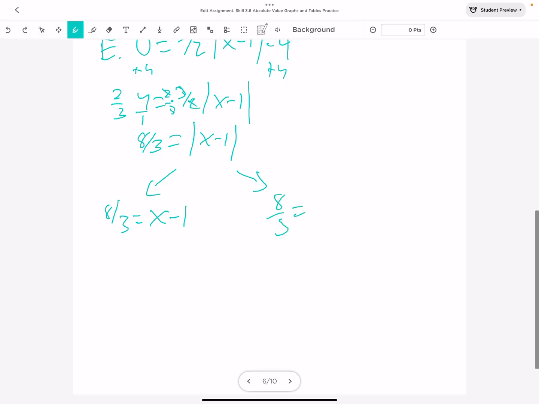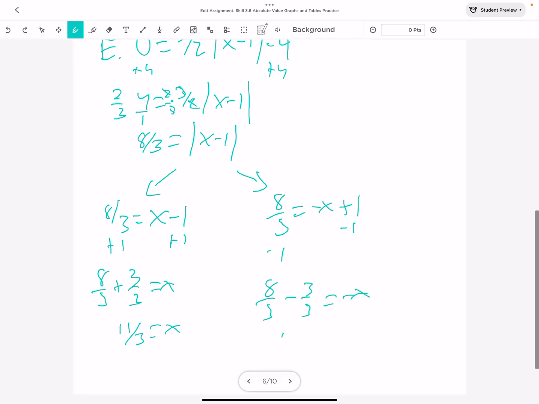8/3 is equal to -x plus 1. So this is just plus 1, 8/3 plus 3/3 is equal to x. And so that's 11/3 is equal to x. And here we get minus 1, so that's 8/3 minus 3/3 is equal to -x.